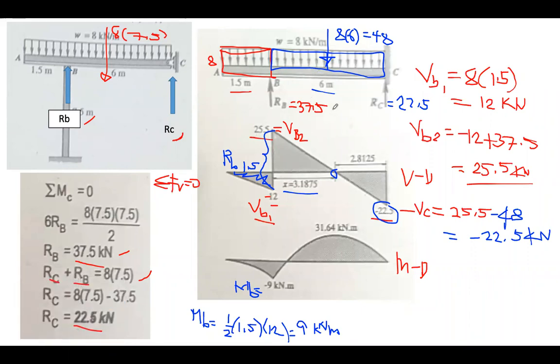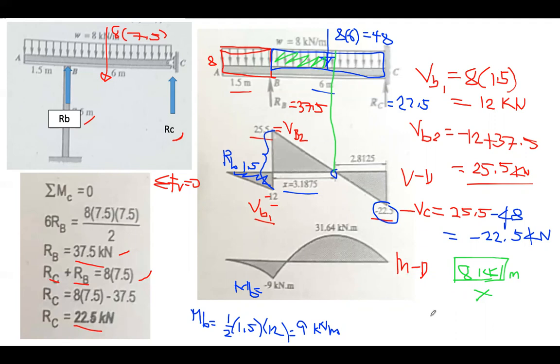To compute for x, if you are going to extend this one, you are going to consider this area to compute for x. This is x, and this is 8 kilonewton per meter. The corresponding value of shear here is equal to 25.5.